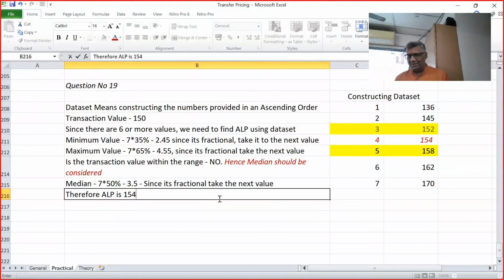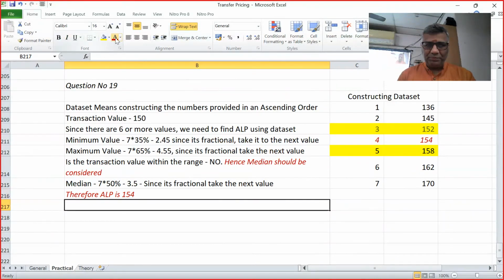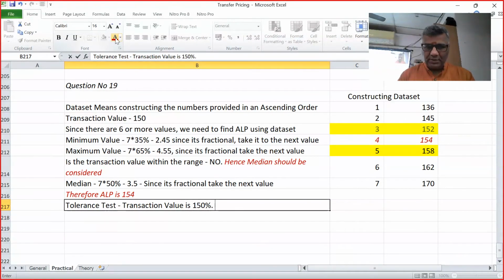Therefore, ALP is 154. Tolerance test. Transaction value is 150. 3% deviation accepted. That is 150 into 3%.